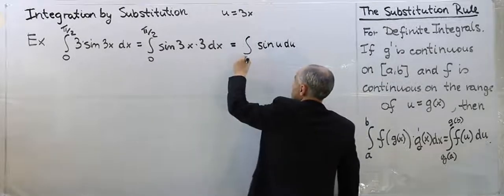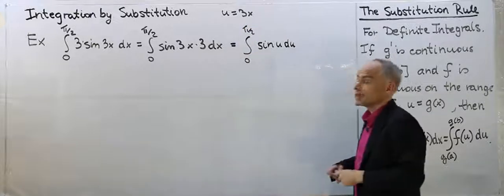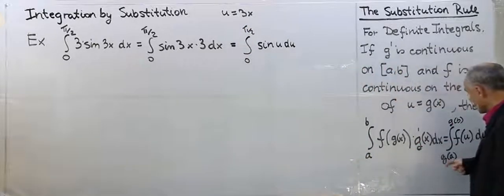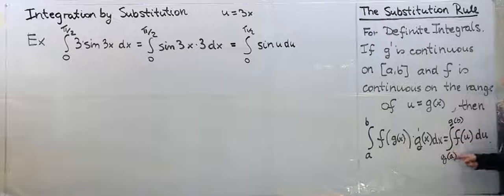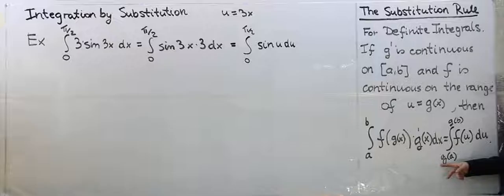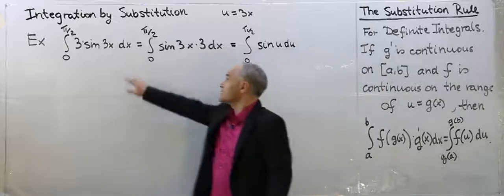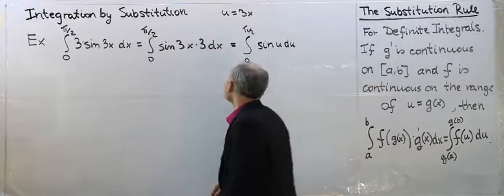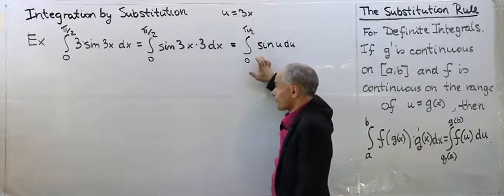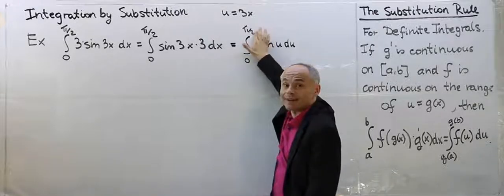They will just write 0 to pi divided by 2. And that's wrong. It's wrong because you need to evaluate the new integral not at a and at b, but at g of a and then g of b. And here the inner function g of x is equal to 3x. So I need to evaluate at 3 times 0 and then at 3 times pi divided by 2.